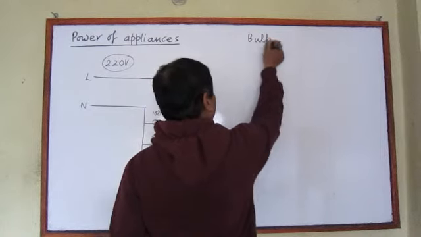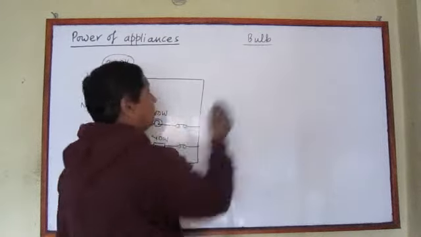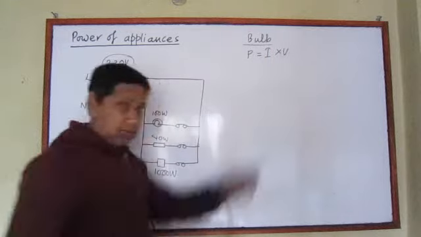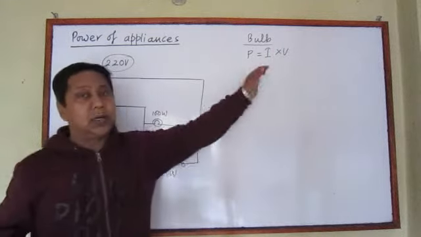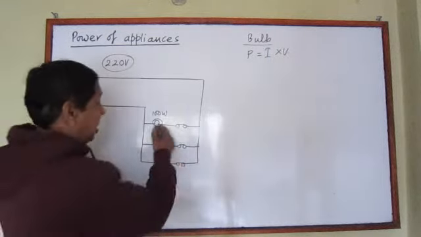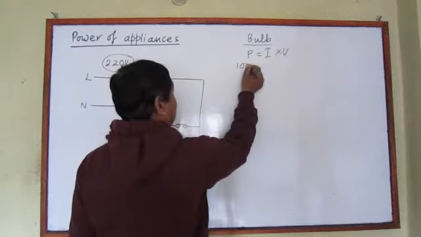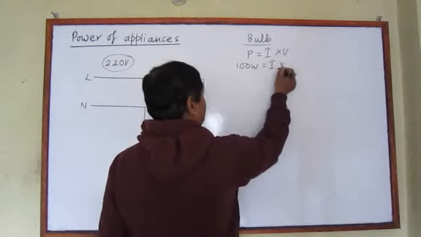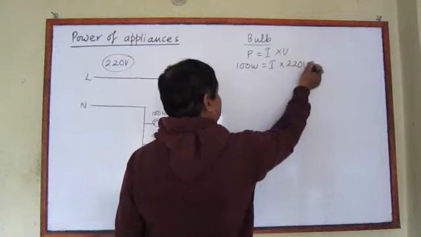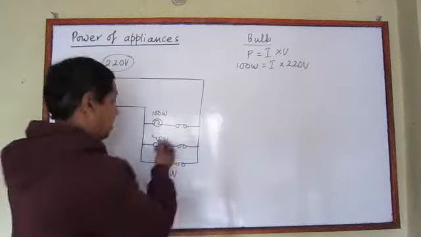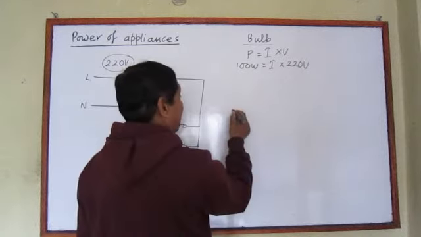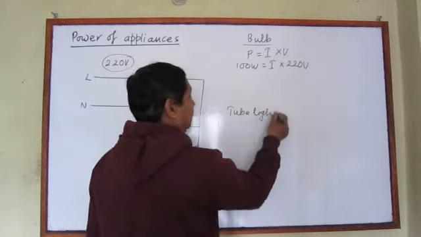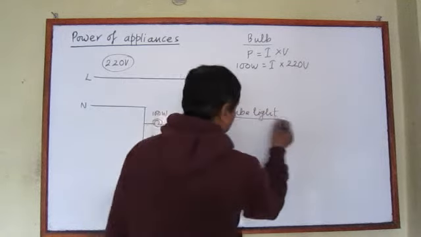Say the bulb. What I told you just now, P equal to I into V. We know this. Electric power is equal to current into voltage. The power of this bulb is, let's say, 100 watt. Now current we are going to calculate. Voltage supplied is 220 volt. In the same way, let's talk about the tube light, which is also called a fluorescent lamp.